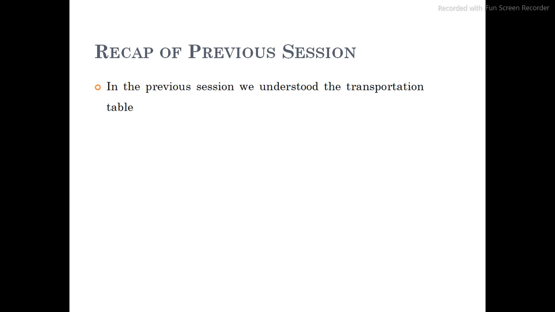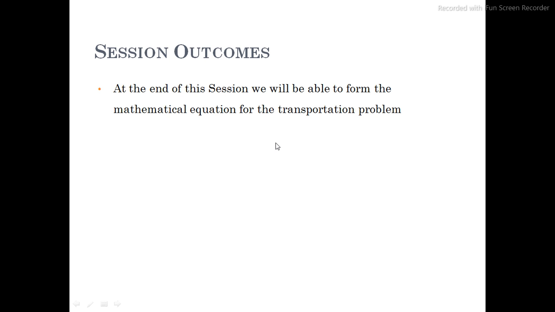In the previous session, we understood the concept of the transportation problem. Now, at the end of this session, we will be able to form a mathematical equation for the transportation problem.